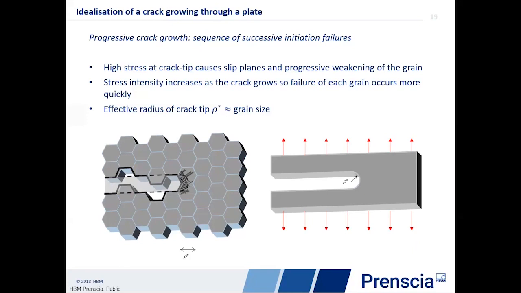The concept that Dr. Glinka has proposed is that crack growth is actually failure grain by grain as the crack proceeds. And when we look at the tip of the crack, it's not a sharp point, it's actually a blunt notch. And that blunt notch has a geometry similar to the grain that has failed.